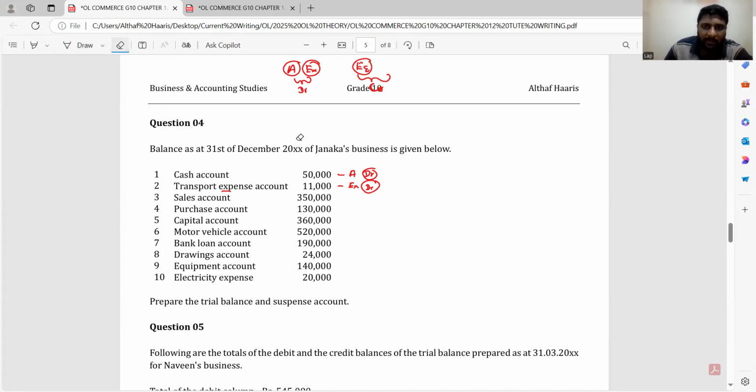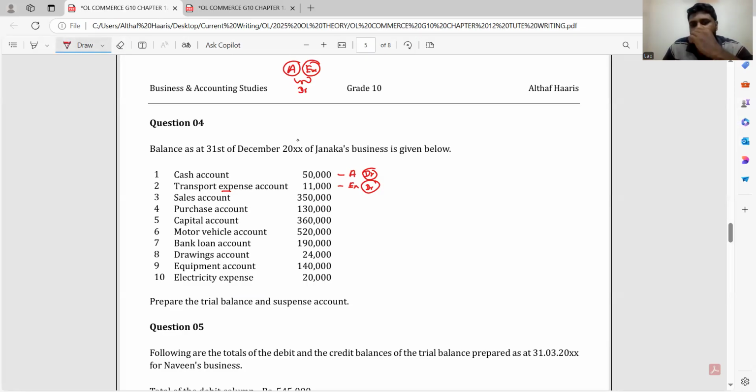So if you can't remember, just write it somewhere. When we are doing the double entries and accounting equation, we learn these things. Equity, liability, income. These are credit accounts. Sales is income for the business. Income is a credit account.